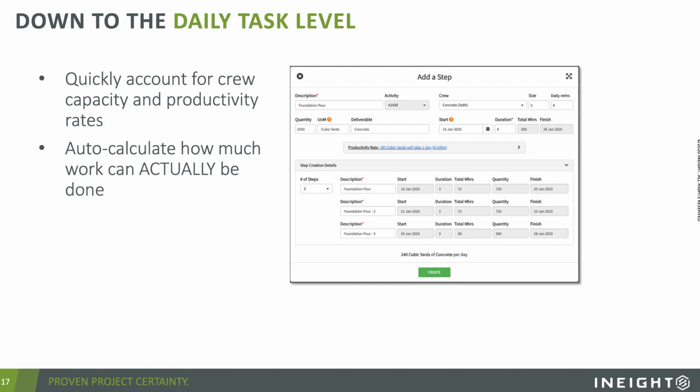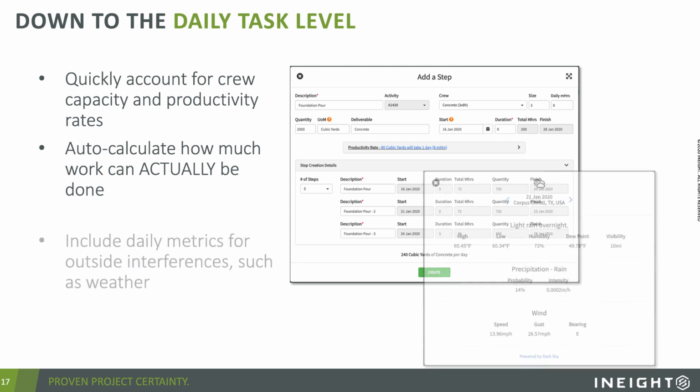And those numbers of what you can actually do give you a whole new look at if I need to increase my throughput, my capacity, if I need to add another crew, do I need to work another shift? What can actually be done with the guardrails of the CPM schedule gives you that insight immediately.